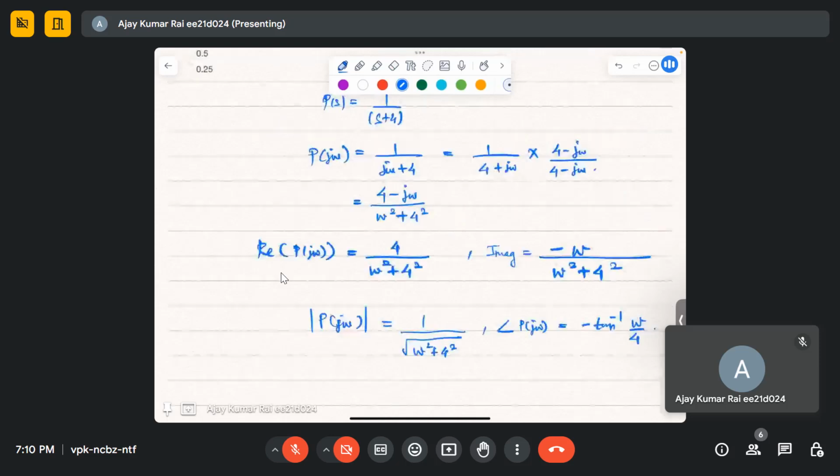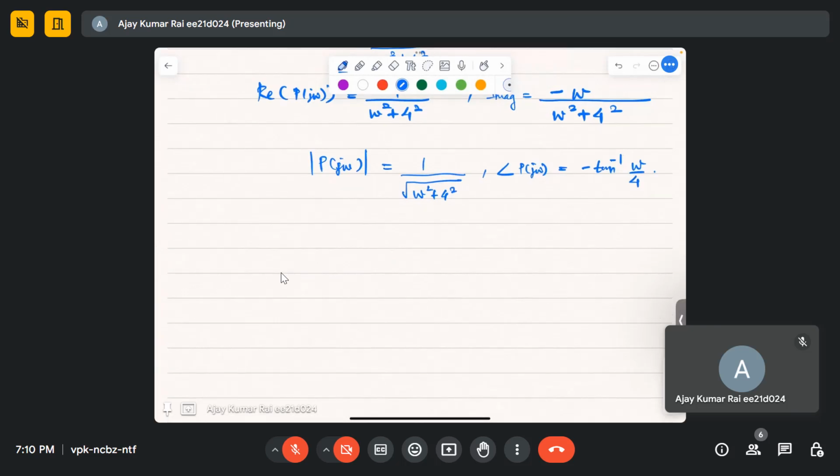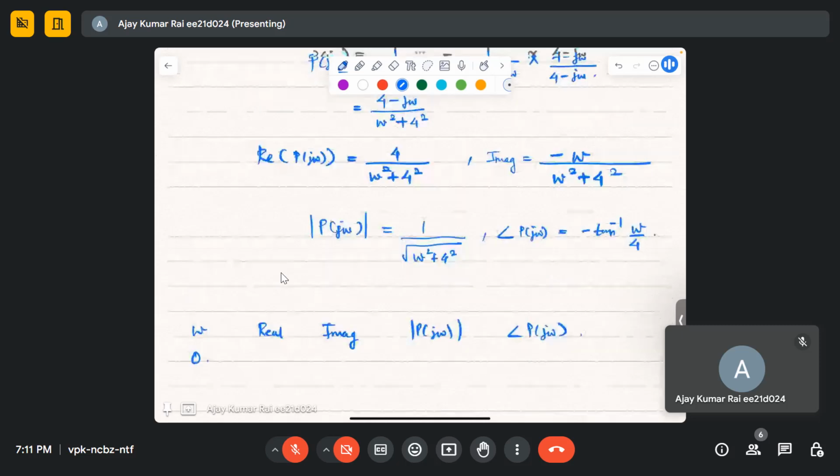Again, we can find these at different frequencies. This is omega, this is the real part, this is the imaginary part, magnitude and angle. So at omega equal to 0, what do we have?